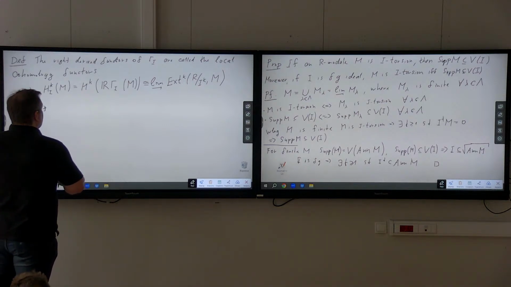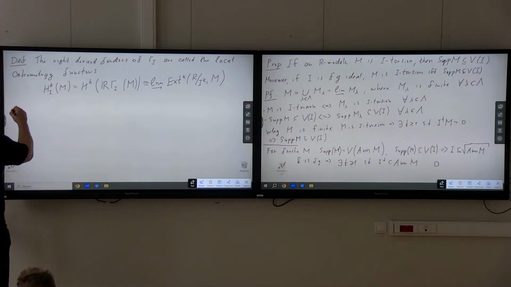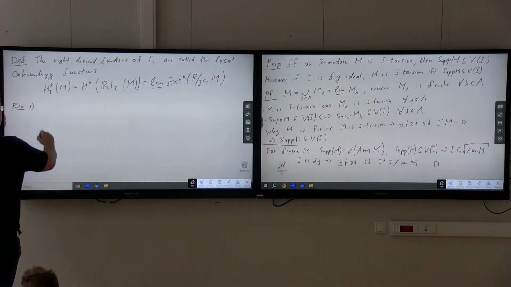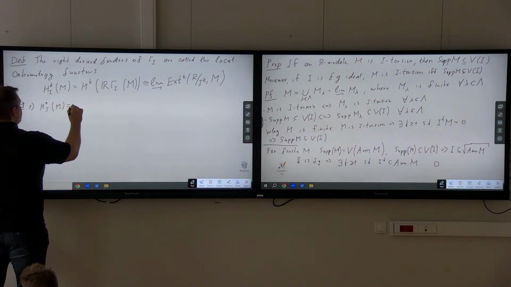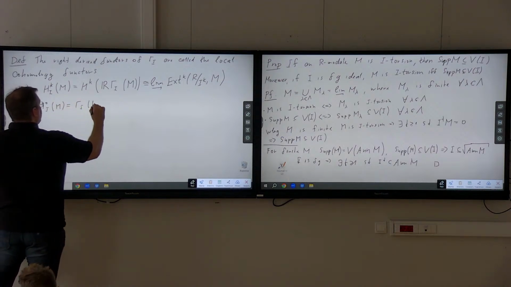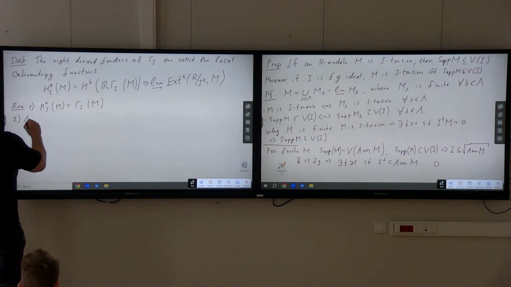Okay. So, do I need to say this? Maybe I say this as a remark, because I think this is, again, quite silly. So, first, H^0 sub I of M coincides with gamma sub I of M, right? This is already explained. This is because gamma sub I is left exact. And finally, maybe I just write this in words for shortness.